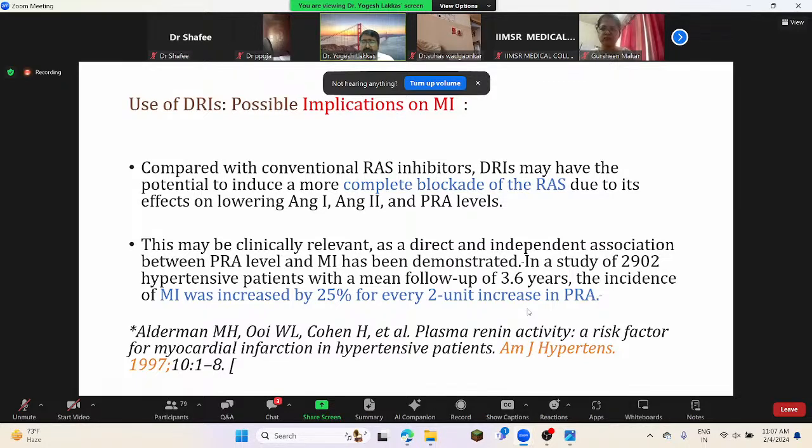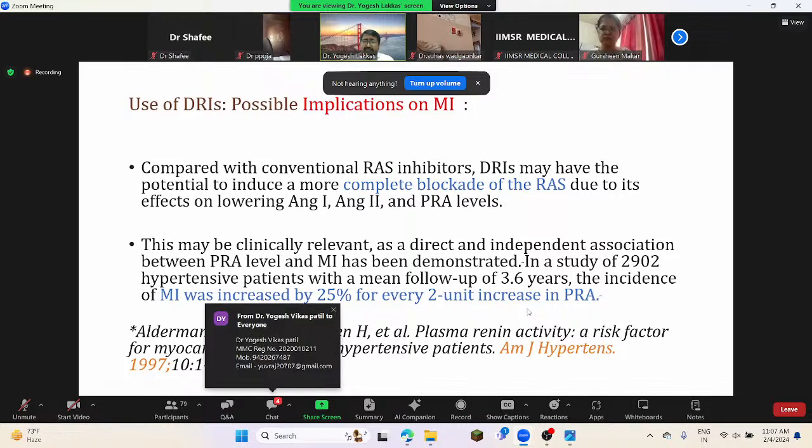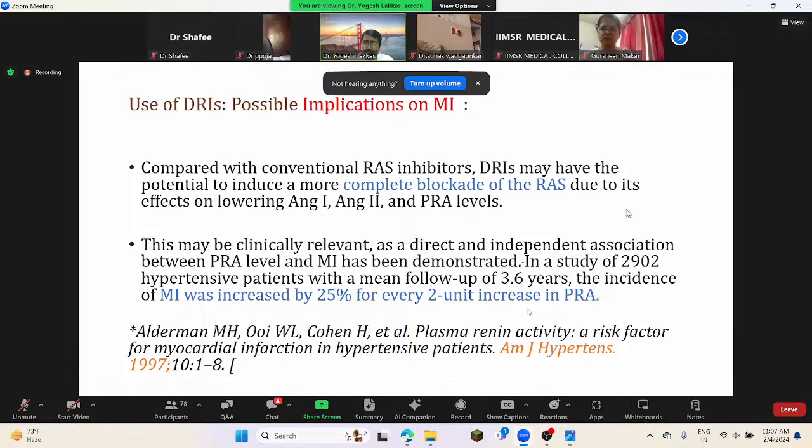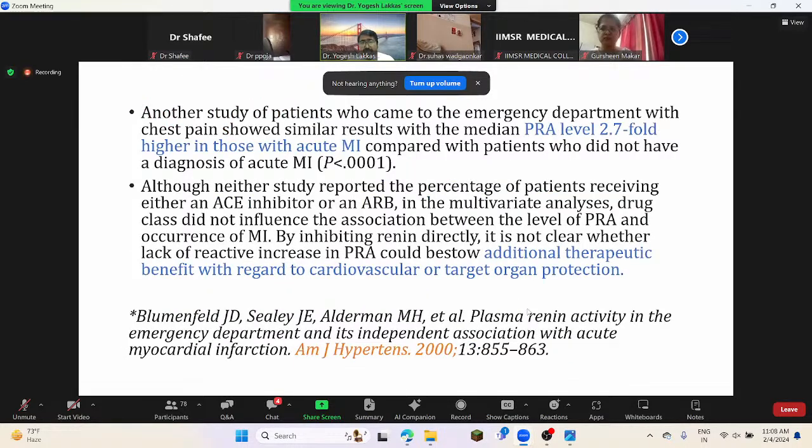When we act at the renin level itself, this plasma renin activity will be suppressed, and this will have an additional benefit to the patient. Many of the studies on the additional therapeutic benefit of renin inhibitors on cardiovascular or target organ protection have been researched, and that's why this will have an additional effect when we suppress the renin.